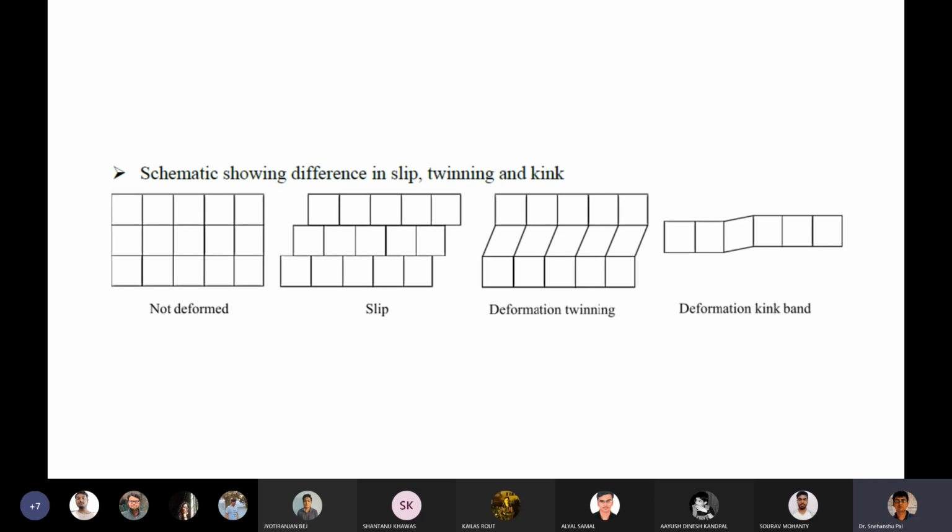So in order to introduce the idea of twinning, first you have to understand the difference between slip, kinking, and twinning. In this slide, we are going to understand that. Then we'll introduce the actual twinning phenomena, so that our concept is very clear with respect to a perfect, non-deformed specimen, slip, deformation twinning, and then deformation kink band.